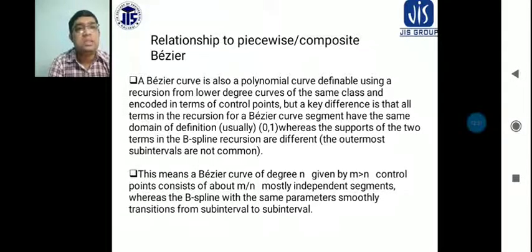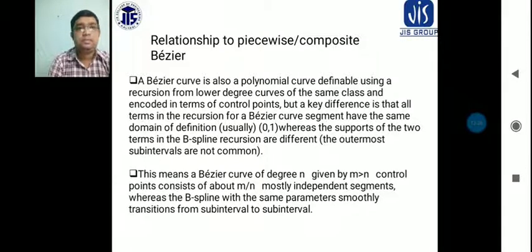But a key difference is that all terms in the recursion for a Bezier curve segment have the same domain of definition, usually 0 to 1, whereas the supports of the two terms in the B-spline recursion are different. The outermost subinterval values are not common. This comes under the relationship to piecewise composite Bezier.